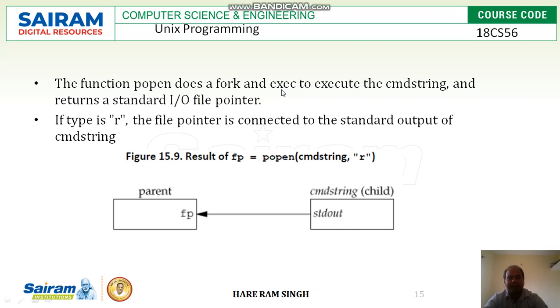Now exec is executed to run the command, and popen returns a standard input-output file pointer. That file pointer is assigned to fp, as you can see here.